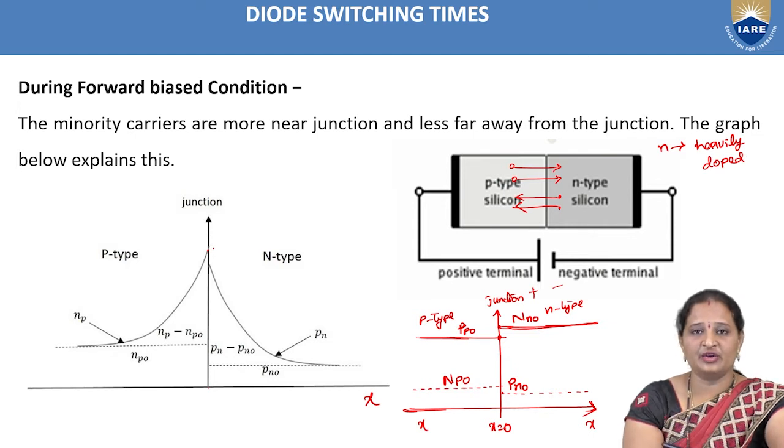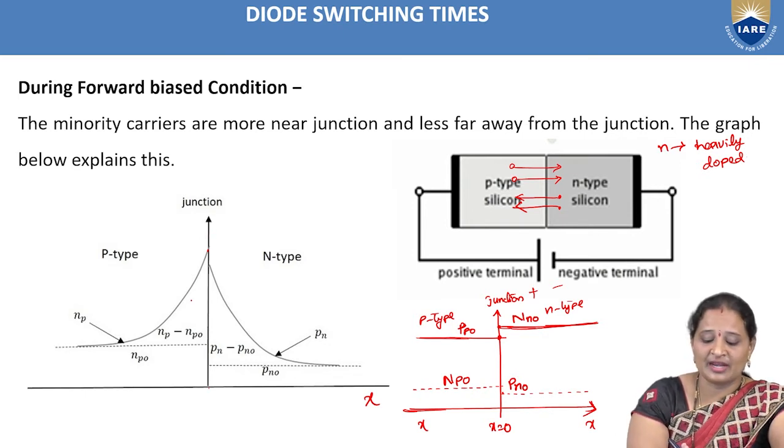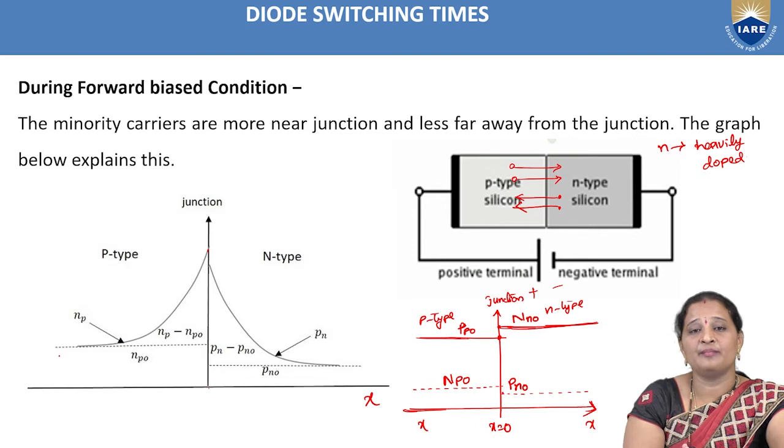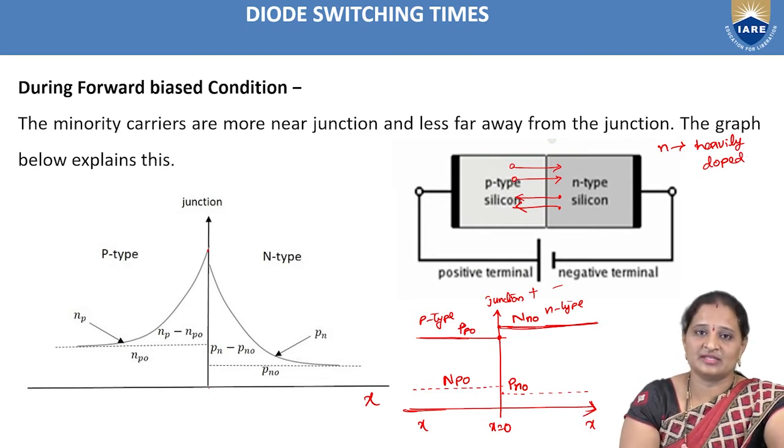Once the electrons enter the p-type material, they will recombine with the holes present in the p-type material, and hence the minority carrier concentration will be reduced as we are moving away from the junction in the p side.